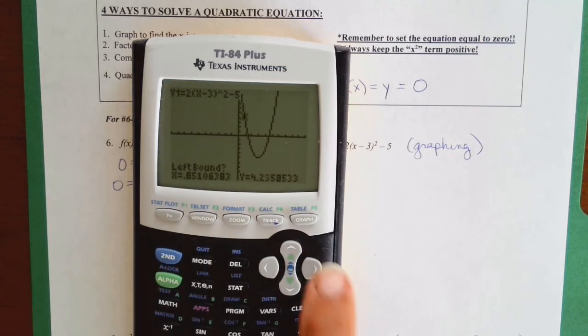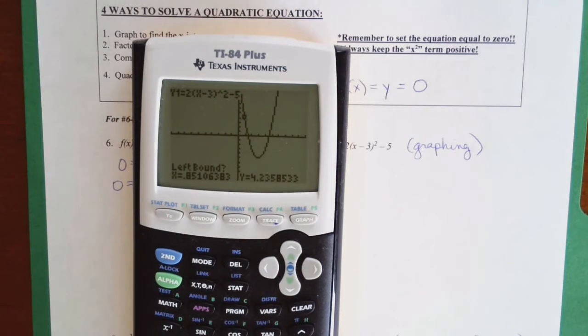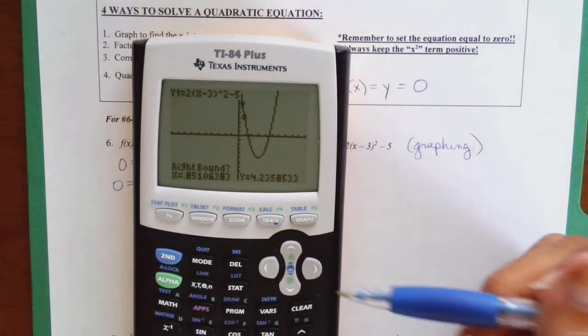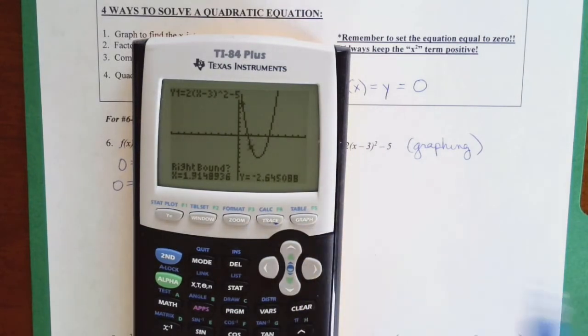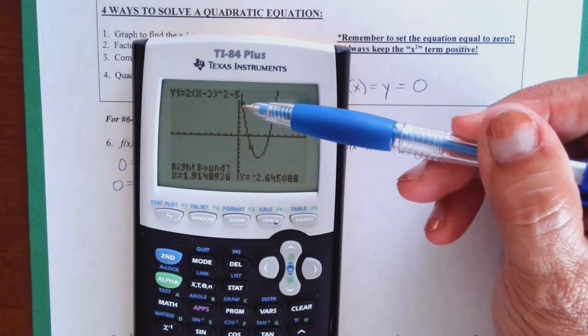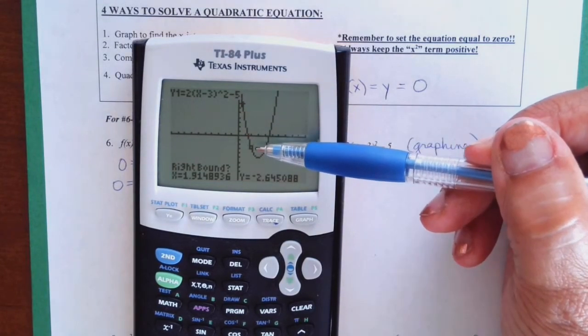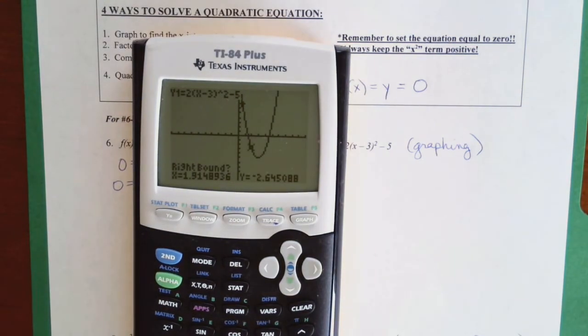So there it is. So that's to the left of this point. So I'm going to hit enter. And now it's asking for the right bound. So take right arrow and go to the right of that, which would be somewhere over here, right? So if you look at this points to the left of my pen, and this points to the right of my pen. So I'm going to hit enter.